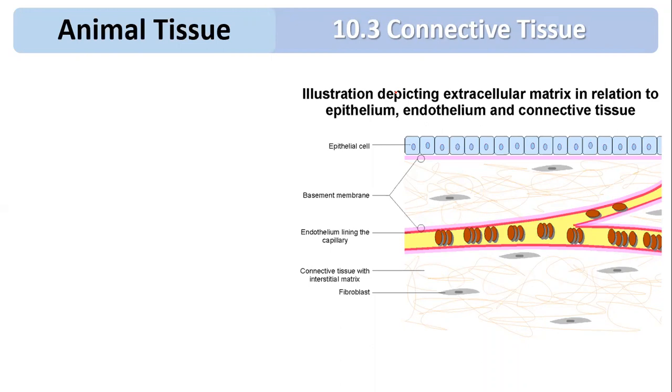Whenever I say connective tissue, the connective tissue has two main components. It has cells and matrix. The matrix is where the cells are embedded. Matrix is the part called intercellular substance. So in the intercellular substance, that is called matrix, the cells are embedded themselves.